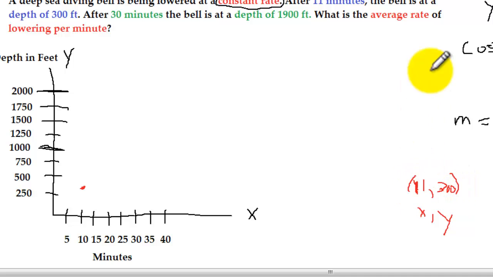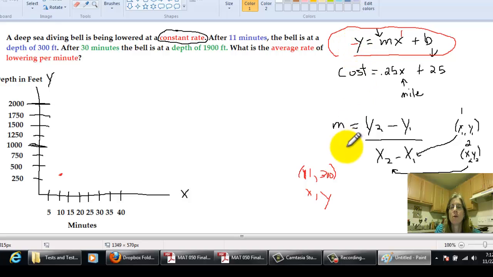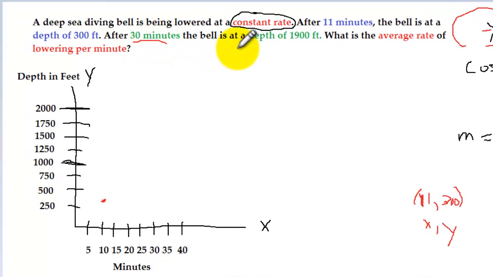And that's how it would fit into our slope equation. In order to complete this slope equation, we need 2 points, and we are given 2 points. We can also plot this one, 30 minutes at a depth of 1900 feet.